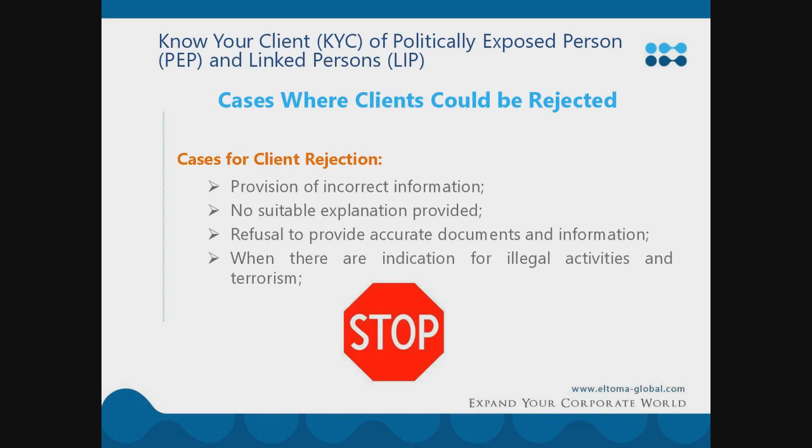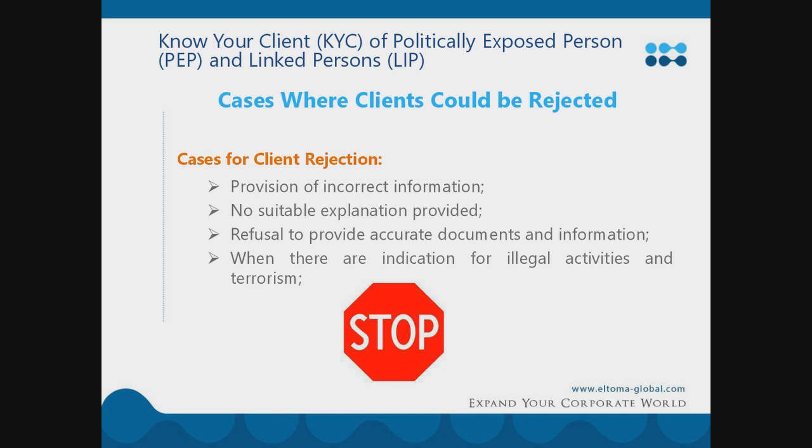So now let's see when you could reject the client, even if he is a PEP. First of all, he provides you incorrect information. Also, he provides you no suitable explanations, for example, about his source of funds. He tells you, okay, it was my previous salary, and there is no document that could prove it. And for you, it's not suitable, you can reject this client.